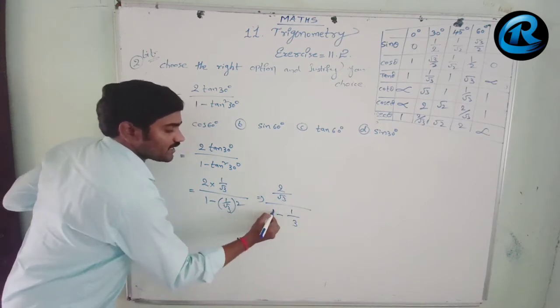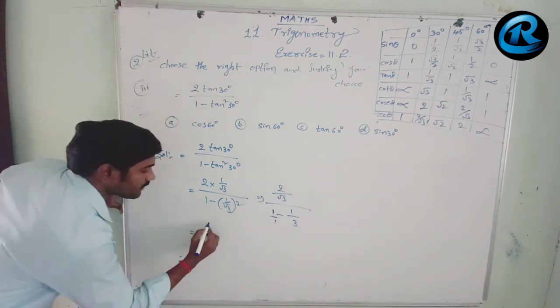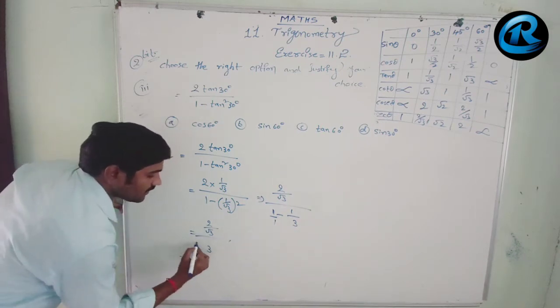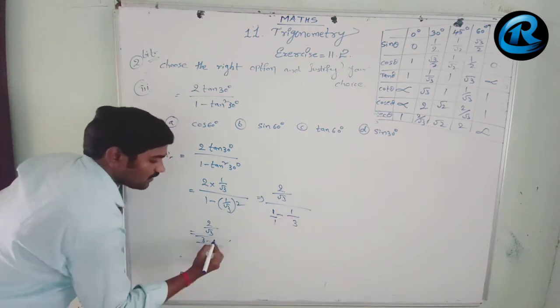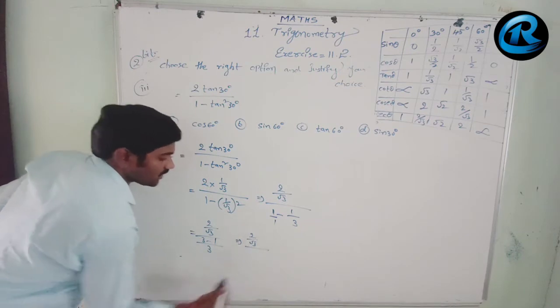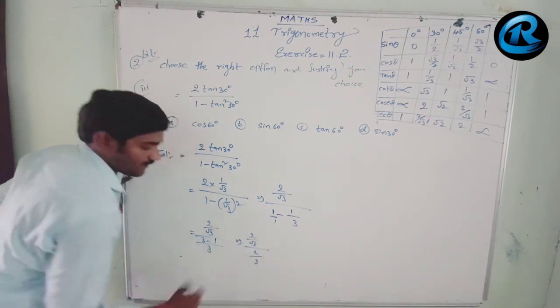This 1 can be written as 1 by 1, and we do the cross multiplication in the denominator: 1 into 3 is 3 by 3, minus 1 is 1 by 3. That equals 2 by root 3, whole by 3 minus 1 is 2 by 3.